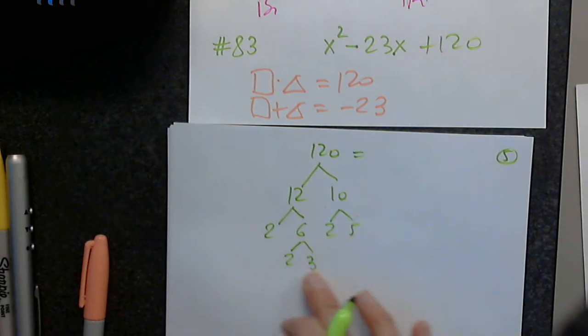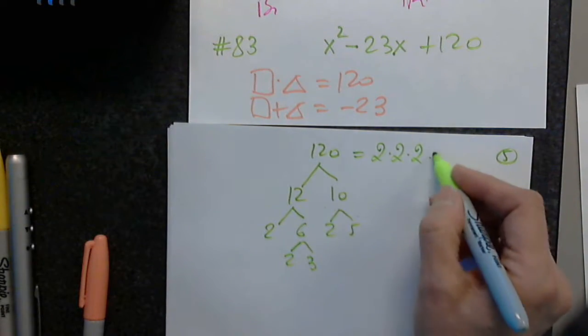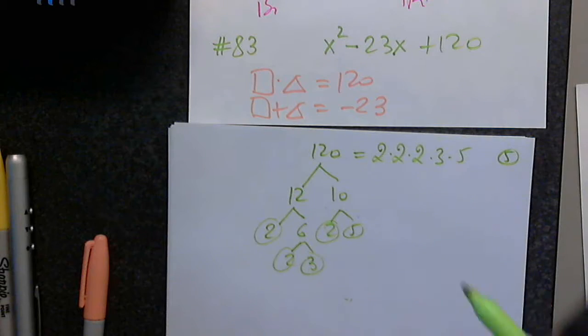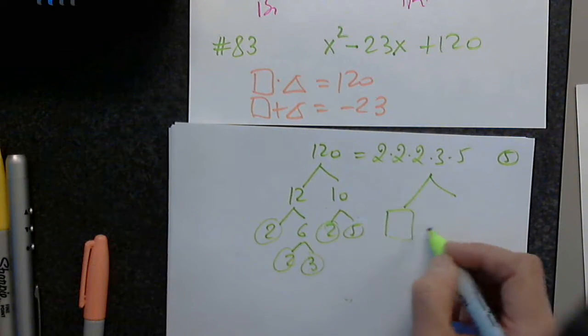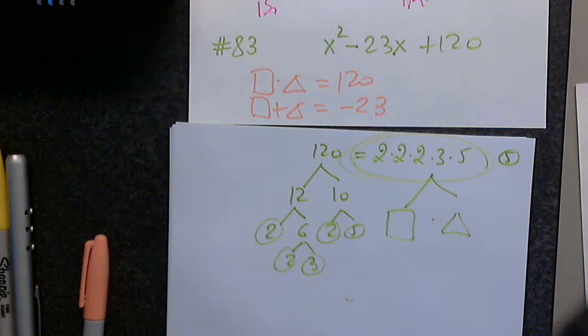So prime factorization, 2 times 2 times 2 times 3 times 5. All these are prime numbers, 2, 2, 2, 3, 5. Now I want to find two numbers using all these factors, both negative, such that when I add them up, I get negative 23.